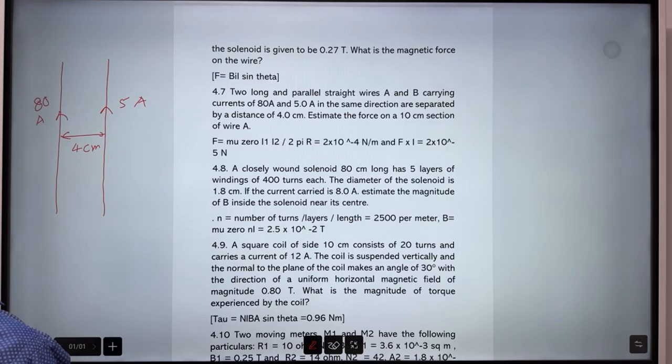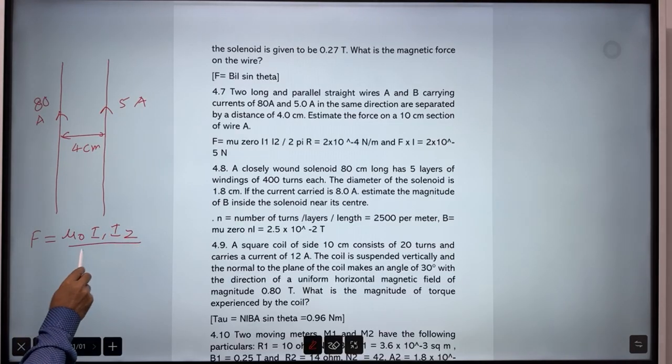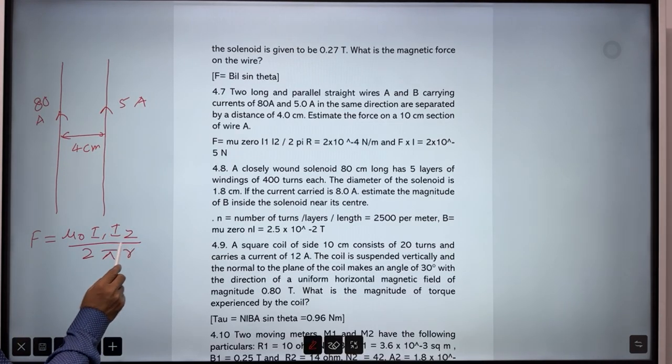Estimate the force on a 10 cm section of wire A. So the force between two current carrying wires is given by mu naught I1 I2 divided by 2 pi r, times the length on which force is to be found.